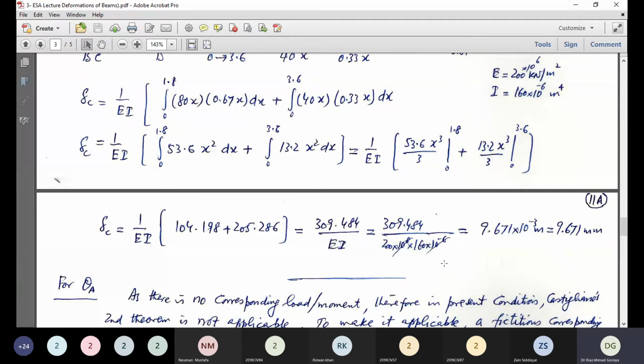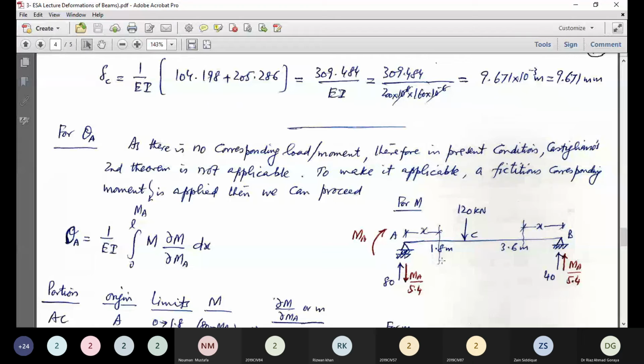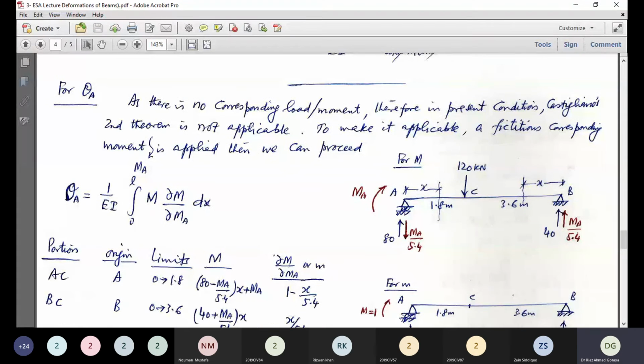So we proceed for theta A. As there is no corresponding load moment, therefore in present condition, Castigliano's second theorem is not applicable. To make it applicable, if fictitious means imaginary, fictitious corresponding moment MA is applied, then we can proceed.